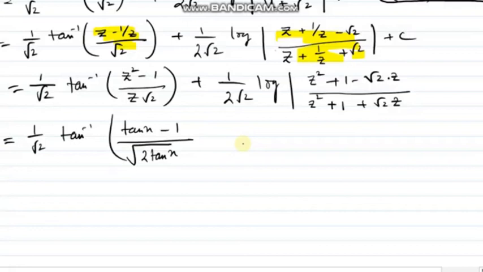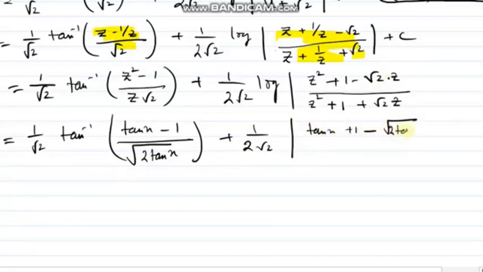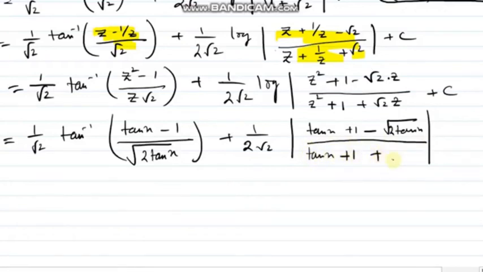Next, plus 1 by 2 root 2, z square is tan x plus 1, and again the same thing I can do here. So root over 2 tan x, I just forgot to write this in the previous line. So divided by tan x plus 1 plus root over 2 tan x.